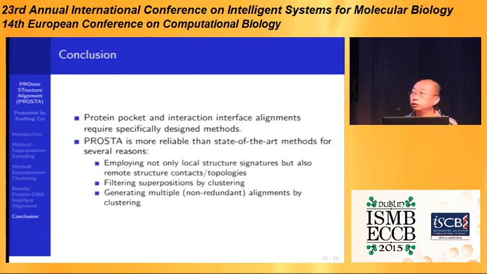And our method has three main advantages because we employ not only the local structure signatures, we also employ the remote fragment pairs to model remote structure context and topology information in the initial sampling. And we use clustering to filter the promising superpositions in our method. And we generate multiple non-redundant alignments by doing clustering as well.